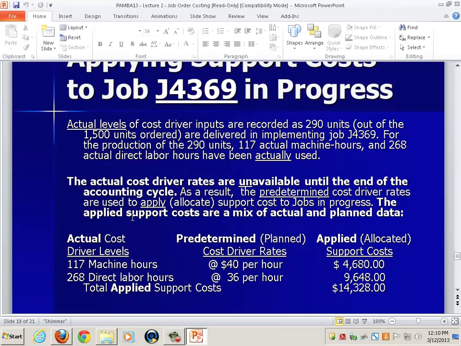But bear in mind, the support or indirect costs allocated are not pure numbers, they're hybrid numbers. One component of those numbers, the quantities, is actual, and one component, the rates, is budgeted. So these numbers are hybrids.